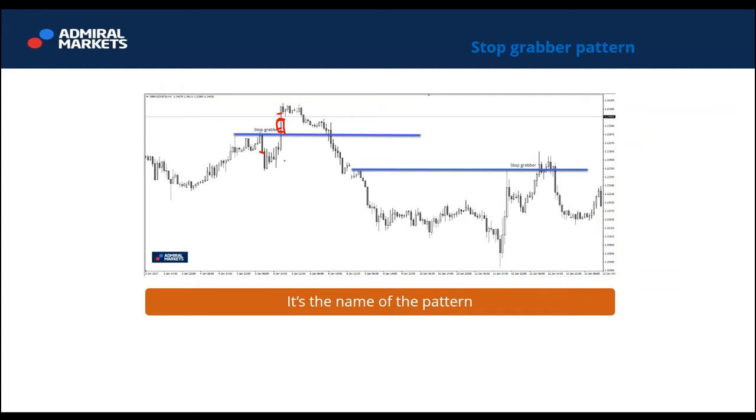So if a large order has been triggered here, the order will collect all stops here and the price will go up, collecting all stops. Why? Because every time you see a close of a sell order or a buy order, your platform will do vice versa.